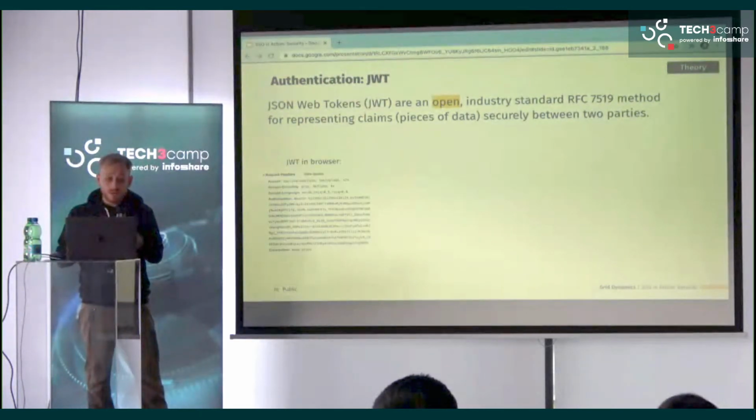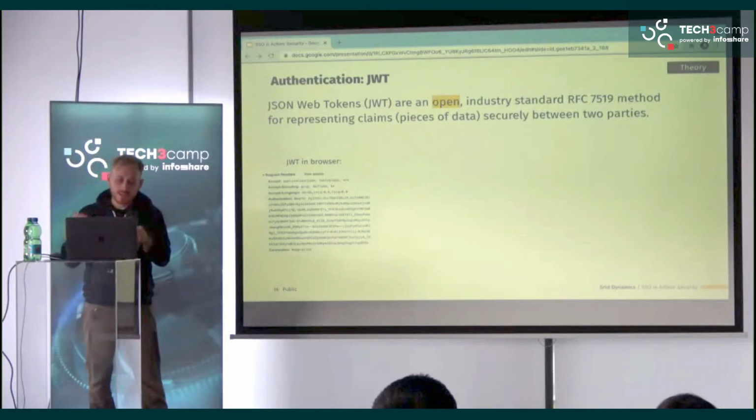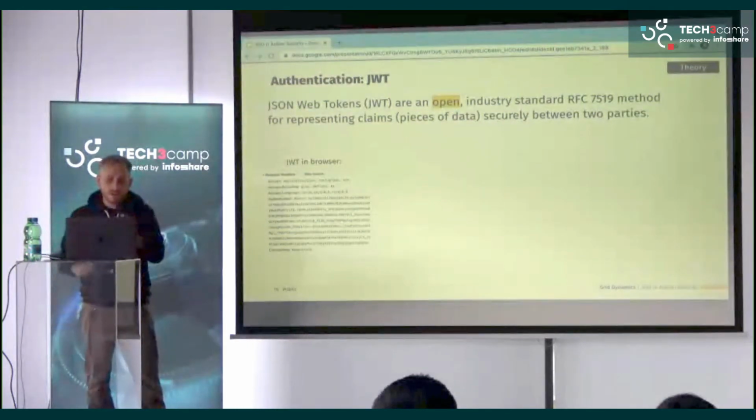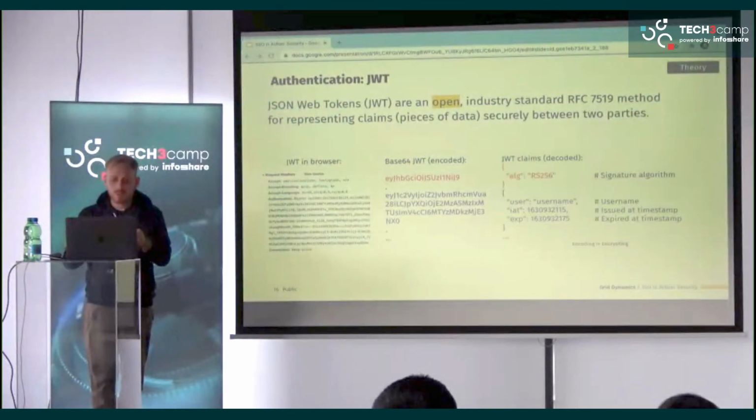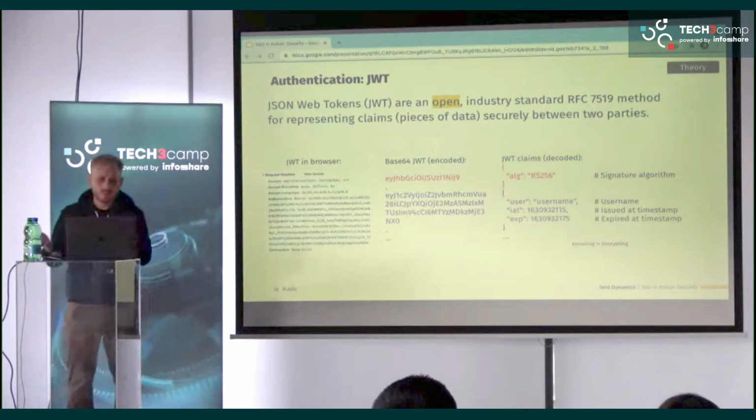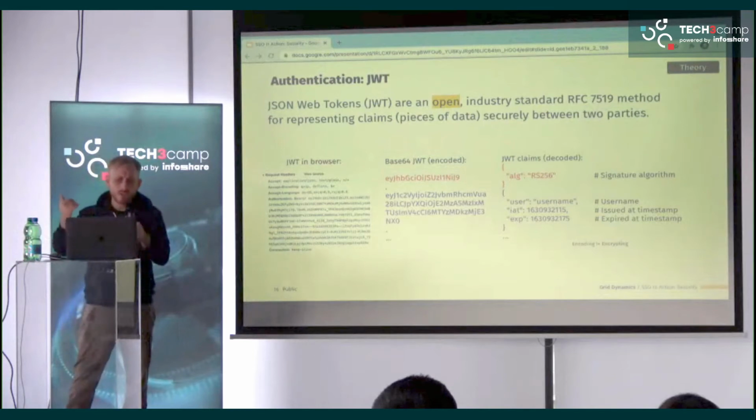So what does it look like? It looks like a piece of text in a browser, and if we look more thoroughly, we will see that this JWT token consists of dot-separated blocks of base64 encoded text. We can decode it because it's an open format, and we will see that the signature algorithm is inside, the username is inside, and an expiration timestamp is inside.